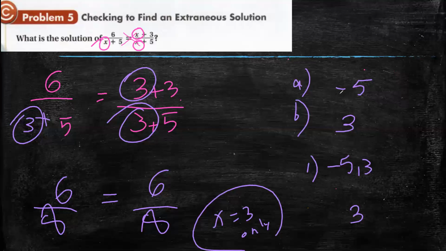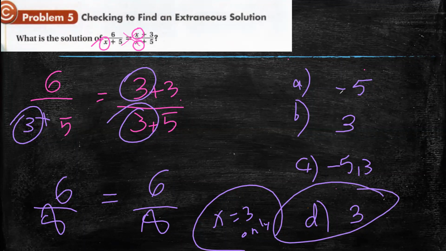What will be the correct one? 3 only. Number B. Here is negative 5, here is negative 3, and so on, and the answer will be 3.